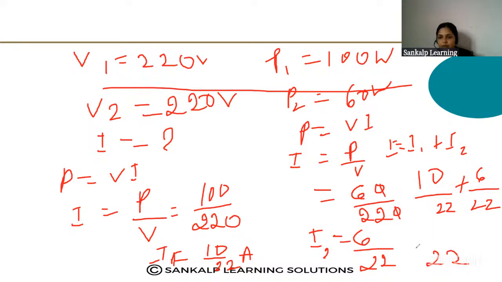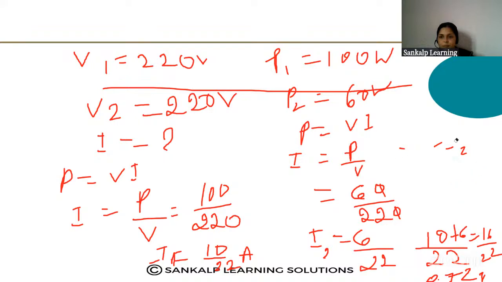So that is 10 plus 6 divided by 22, that is 16 by 22. 16 divided by 22 is 0.72 ampere.